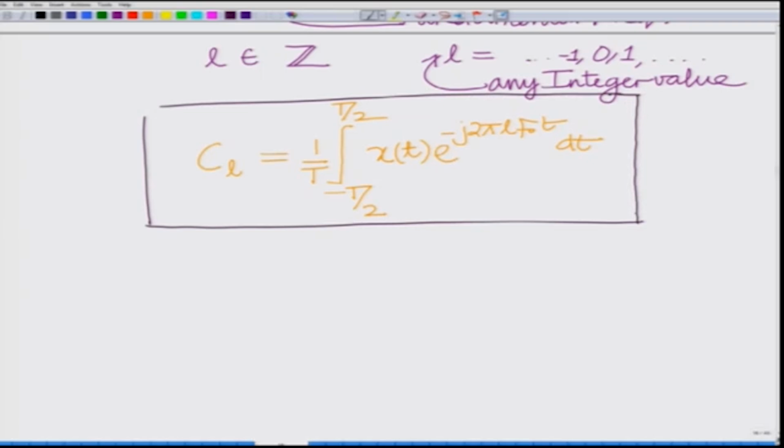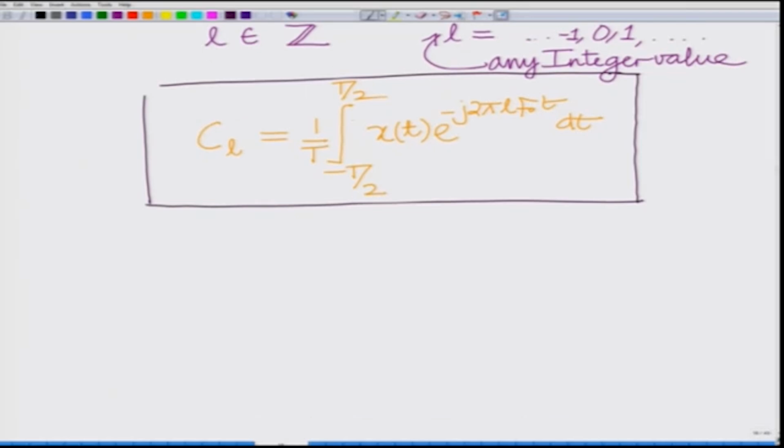And in general, this integral here need not be only from minus T by 2 to T by 2.